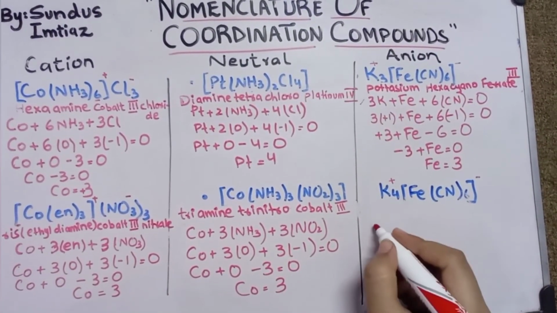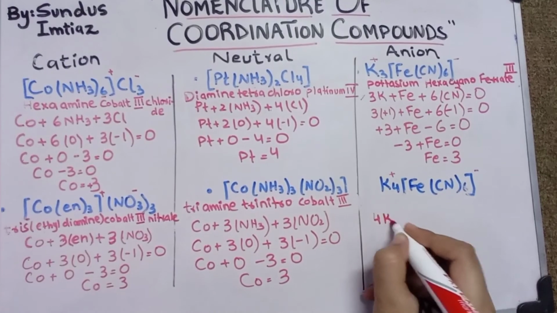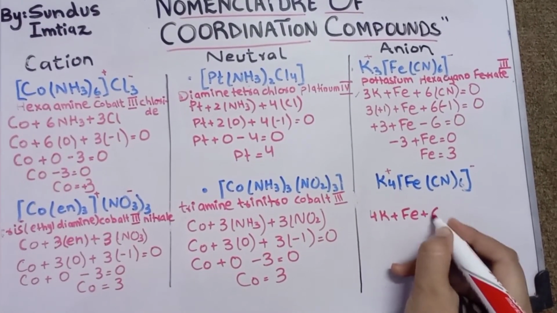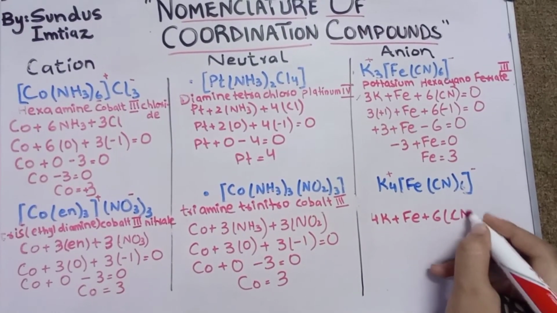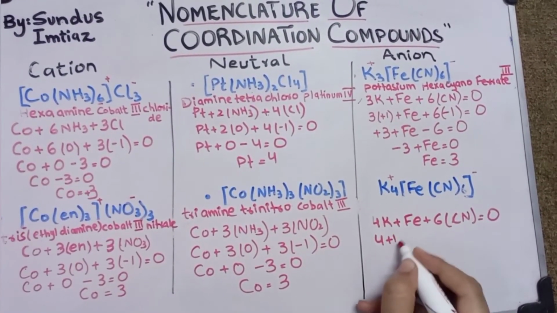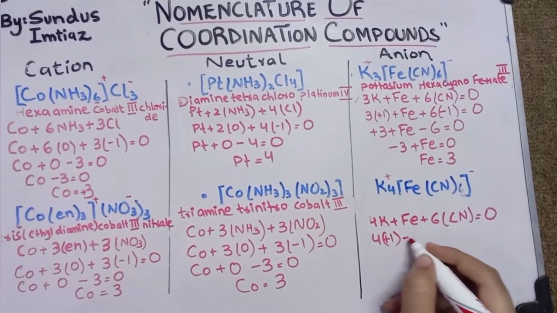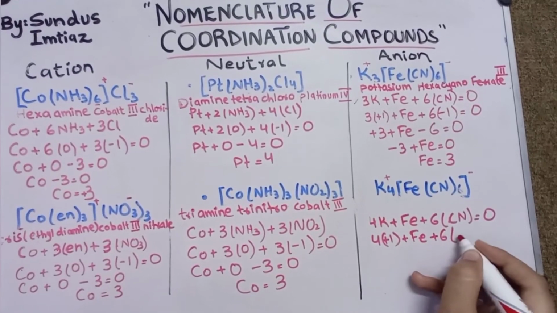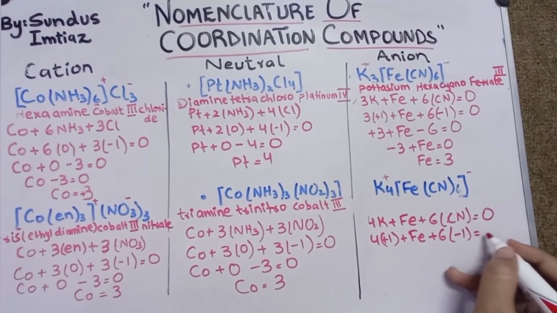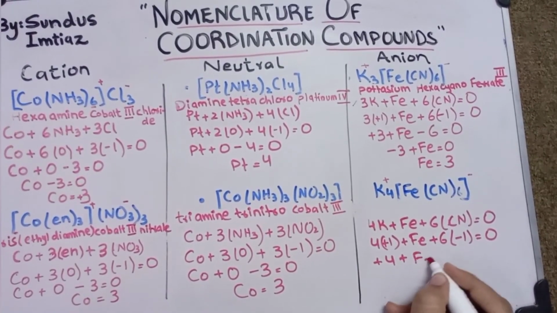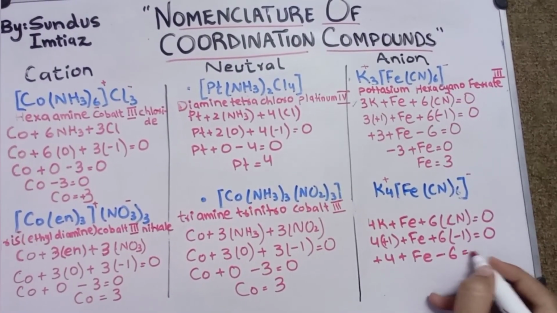Now moving to this one, 4 potassium plus Fe plus 6 cyano is equals to 0. 4 times plus 1 charge of potassium plus Fe plus 6 cyano has negative 1 charge is equals to 0. Plus 4 plus Fe minus 6 is equals to 0.